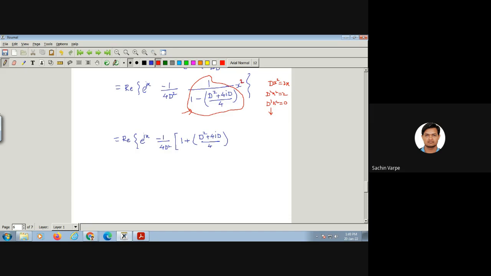So we consider the powers of d up to 2 only. Clear? Yes, sir. So 1 plus p² that is d² plus 4id upon 4 the whole square plus and so on, and that is operated on x².